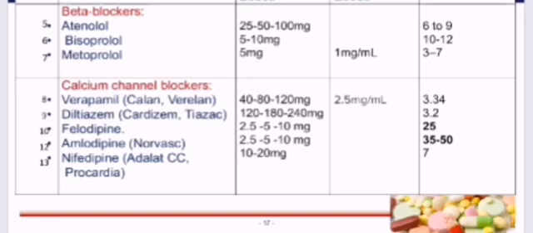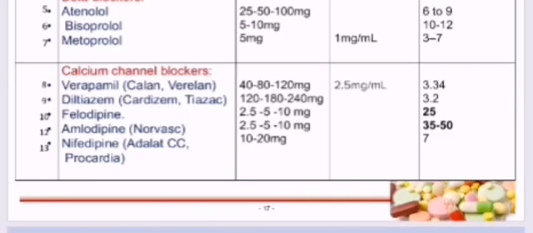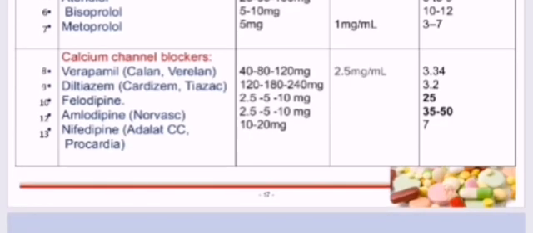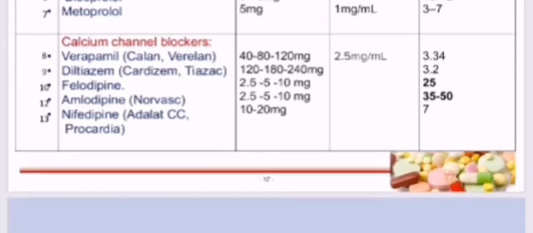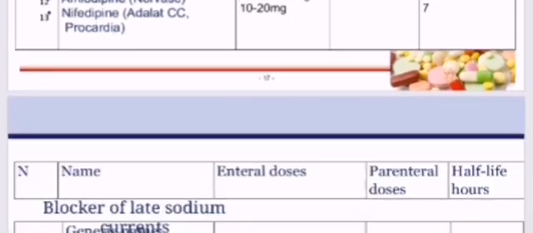Half-life 3.2 hours. Felodipine 2.5, 5, 10 mg, half-life 25. Amlodipine, Norvasc, 2.5, 5, 10, half-life 35 to 50. Nifedipine, Adalat CC, Procardia 10, 20 mg, half-life 7 hours.